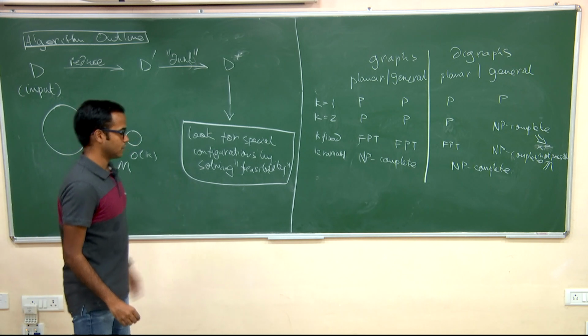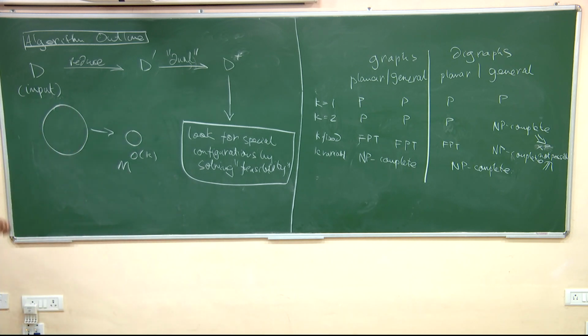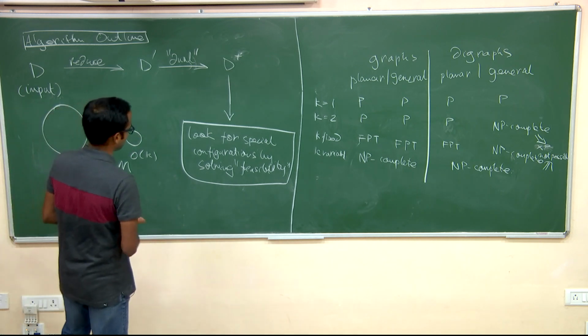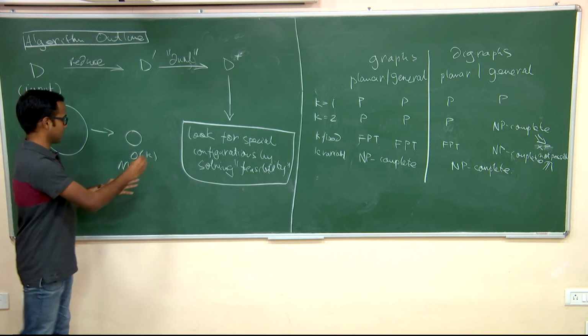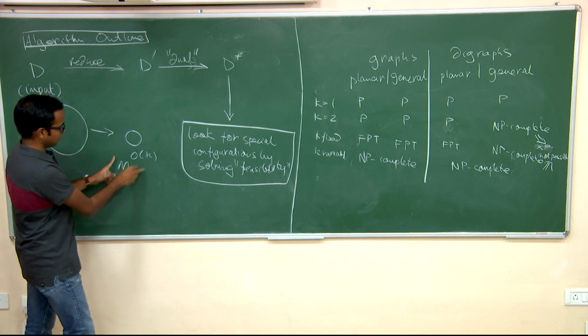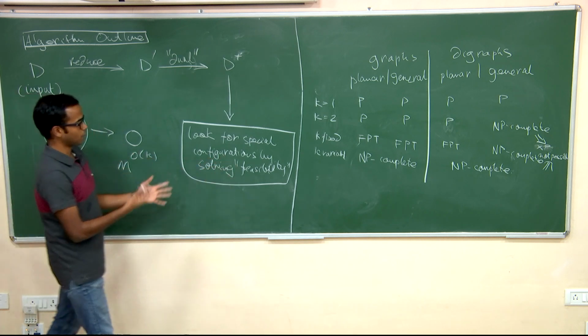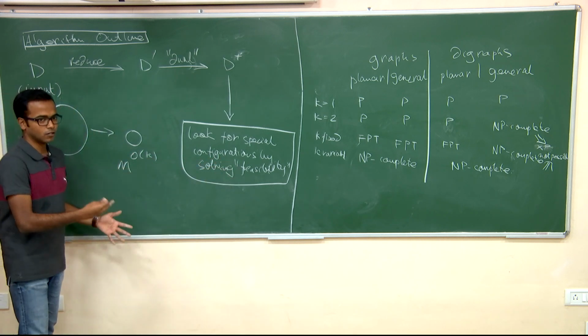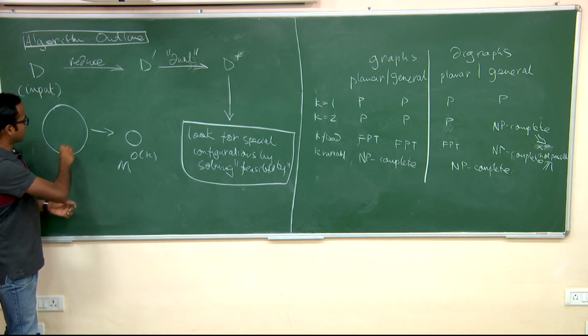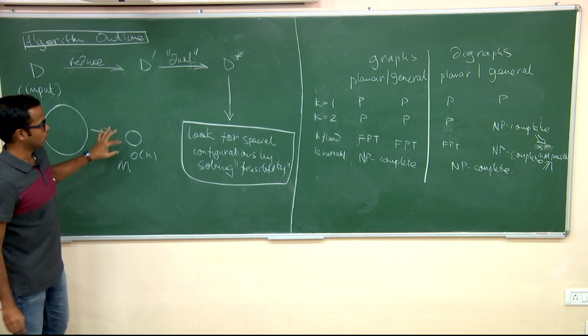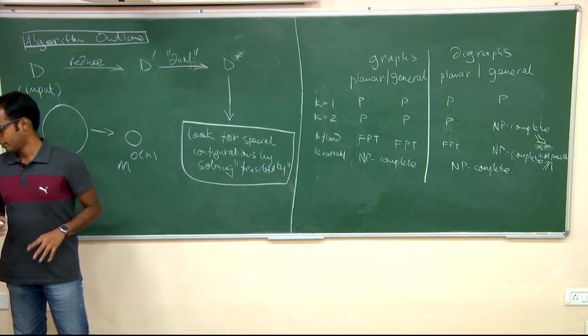That's where this XP running time comes from. This feasibility algorithm will be run these many times, and the feasibility algorithm is polynomial. So overall, the algorithm's running time will be this. We'll contract the whole graph into a very small graph and then look for some configurations in it. That's what's going to happen.